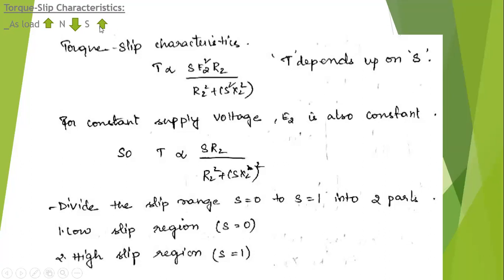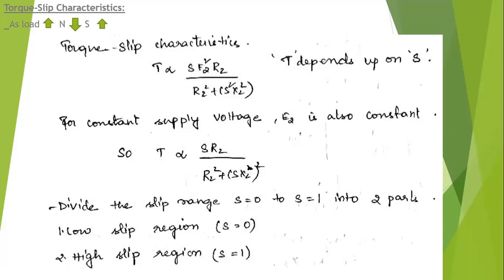Okay. So what is the S means here? Slip. Slip means ns minus n divided by ns. In the numerator, the minus part is n. So if the minus part decreases, what happens? Slip increases, right? So what is S formula? Please go through your notebooks in previous classes.